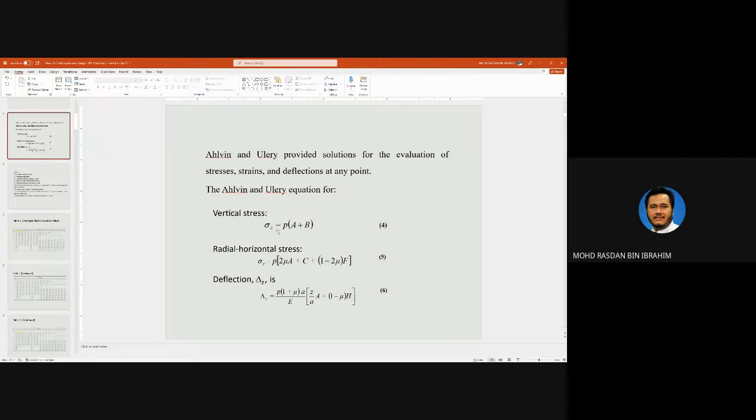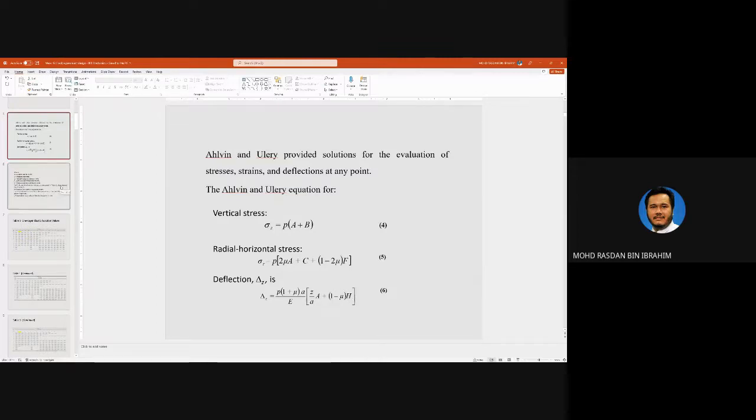All of these are a function of tire pressure, and the other variables are variables A, B, C. There is no D, E, F, and H.